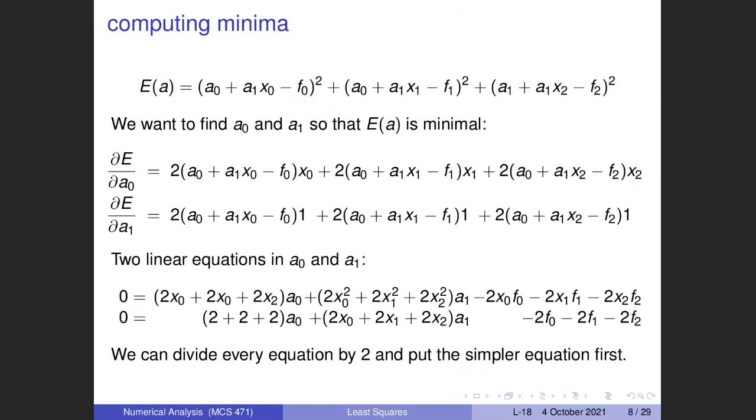Let's do it. So in full generality, we have our objective function, and we want to minimize it by solving this linear system of equations. There are a lot of 2's there that come because of the derivation of the quadrics.